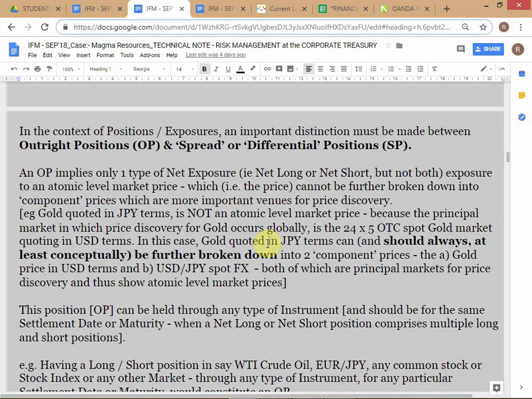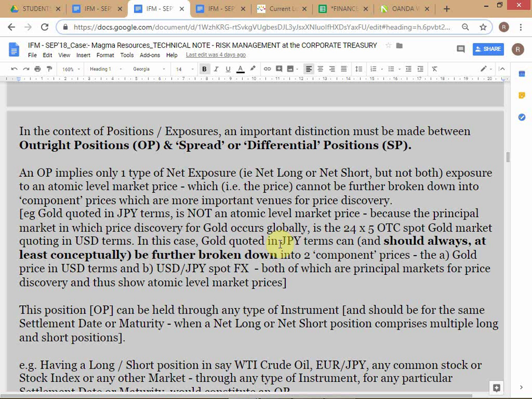Outright versus spread positions, everyone has understood. We have covered a lot of those also. We have covered the lower volatility of spread positions. That's an important learning, understanding what is an outright position and what is a spread position, and how they behave differently. And why people prefer to take on spread positions, like an airline, which will have exposure in jet fuel, but they may choose to hedge through crude oil futures because they're much more liquid.